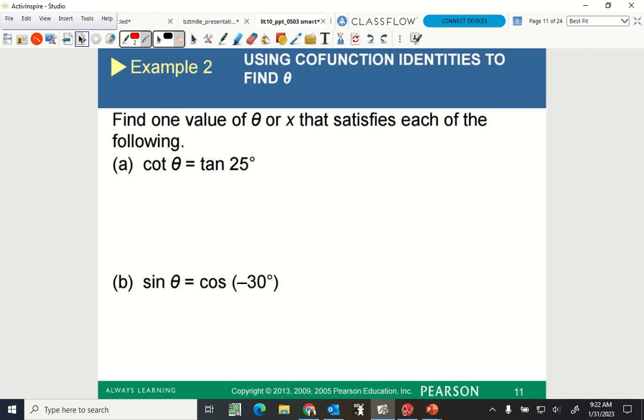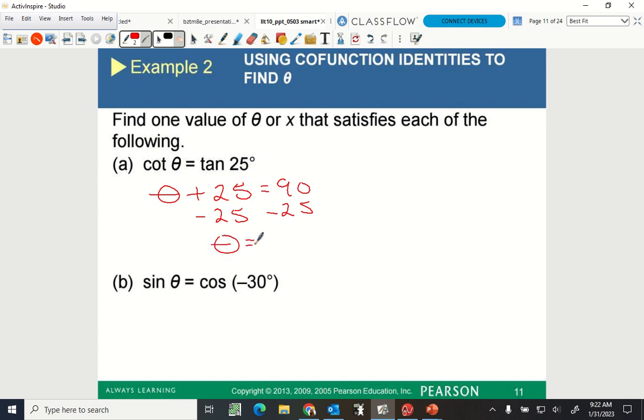All cofunctions add up together to be 90. So what I could do is say, theta plus 25 has to equal 90. So, to get theta by itself, I would do what to that 25? Subtract it, right? Subtract 25 from both sides.